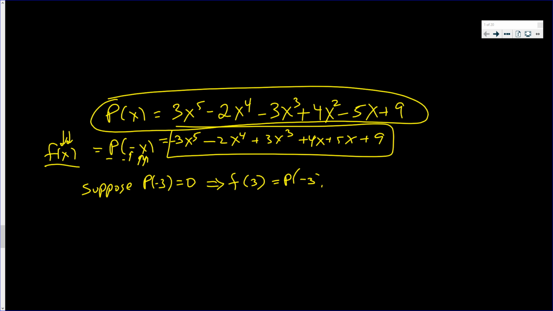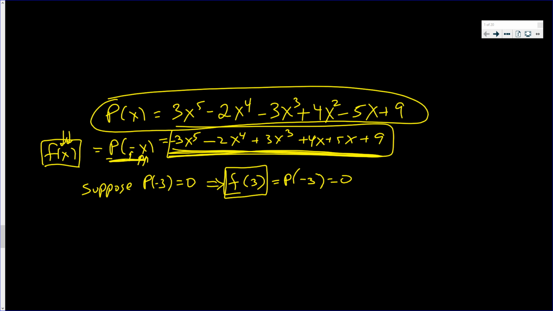That is, I can use the p of negative x to find, in disguise, the positive roots of this, but in reality, it's the negative roots of p of x.